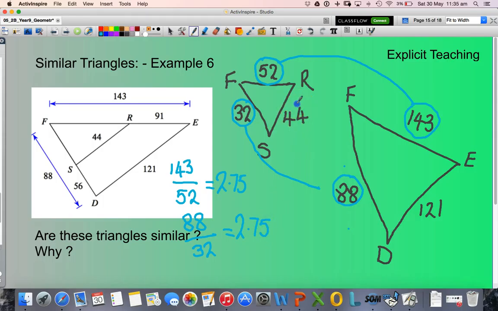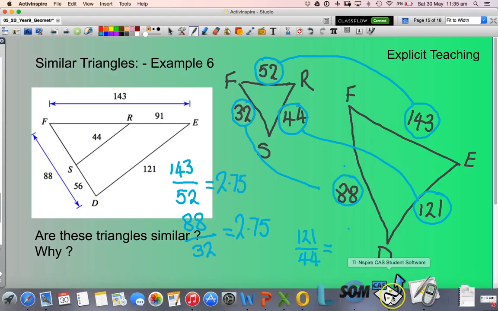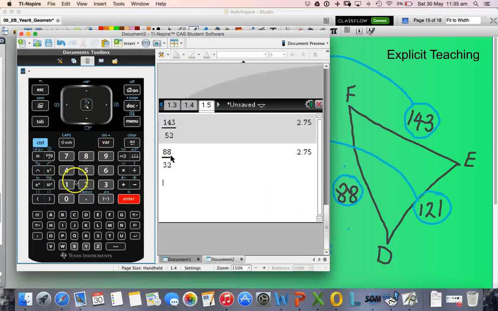Let's just verify this last side length. 121, 44. So 121 divided by 44 equals, again, 2.75. Excellent.